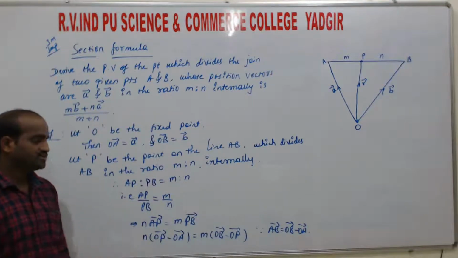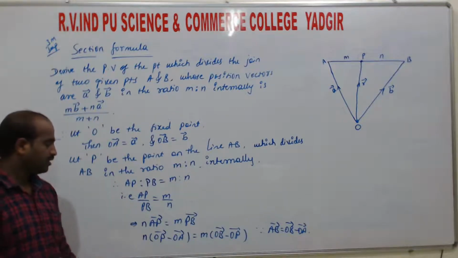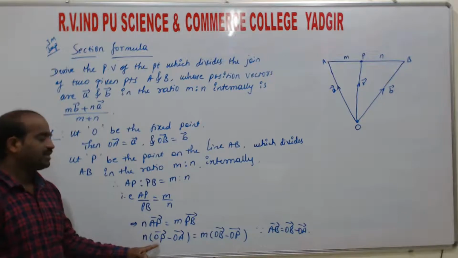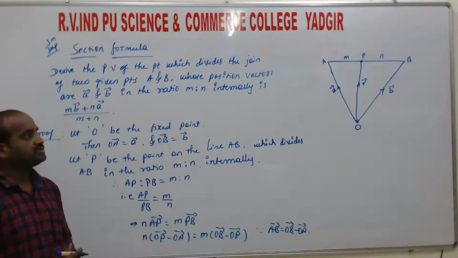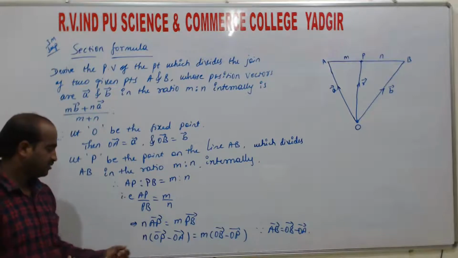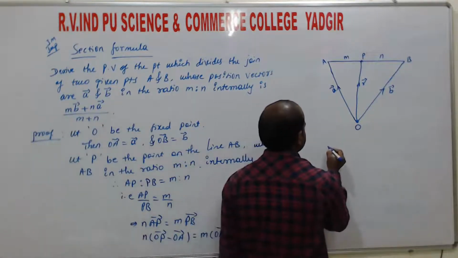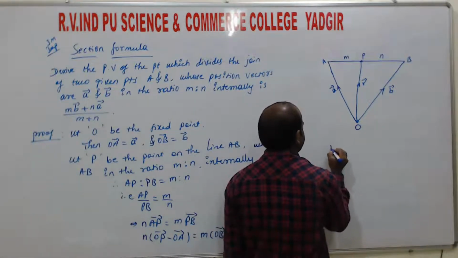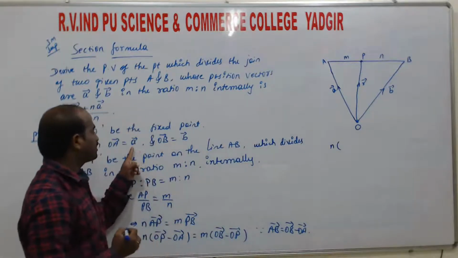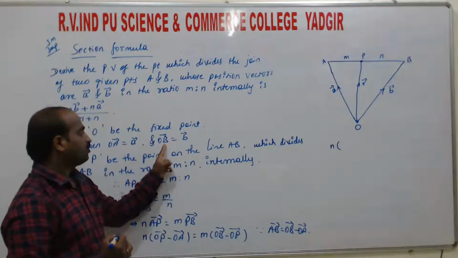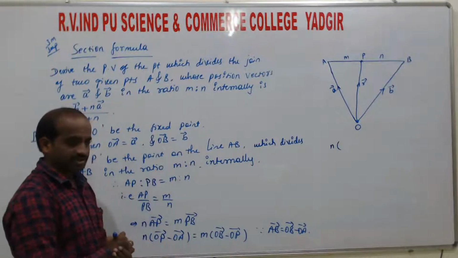OB minus OA. You know OP is equal to R vector. N into OP minus OA. OA is equal to what? A vector. Now OB is equal to what? B vector.